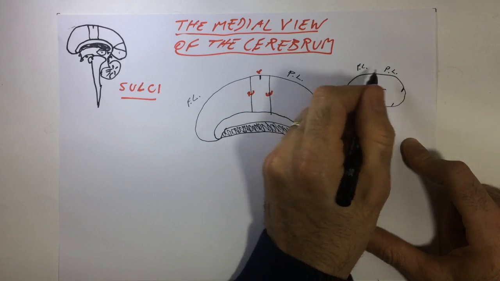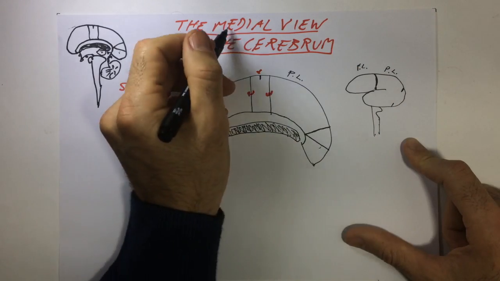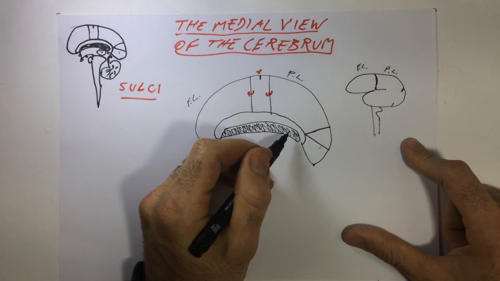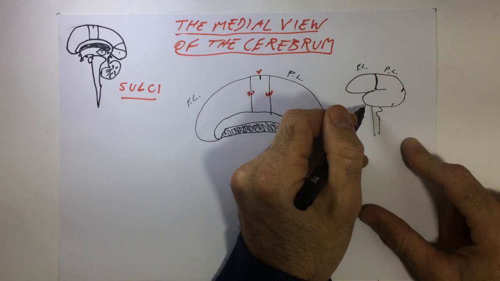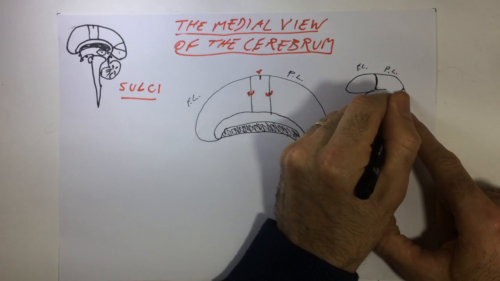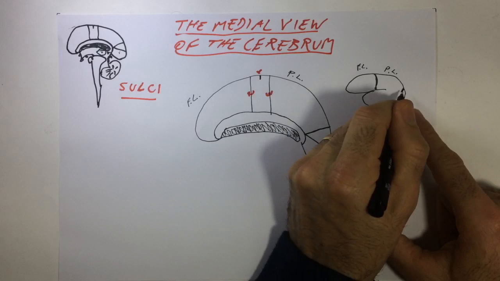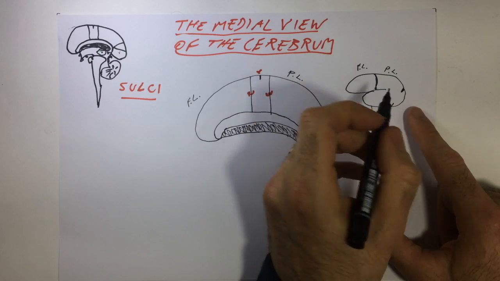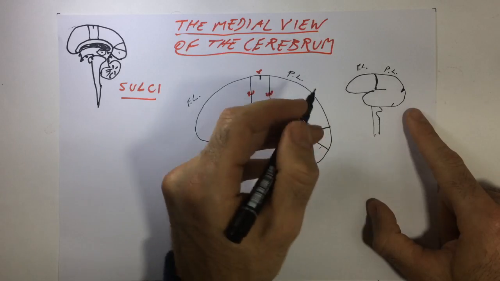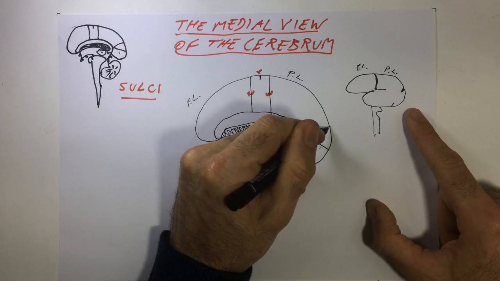This is the medial view of the brain, or in this case, the cerebrum. On the lateral view, which is this one here, we can see the parietal-occipital sulcus very little. But why? Because this is just the final part of this sulcus here.